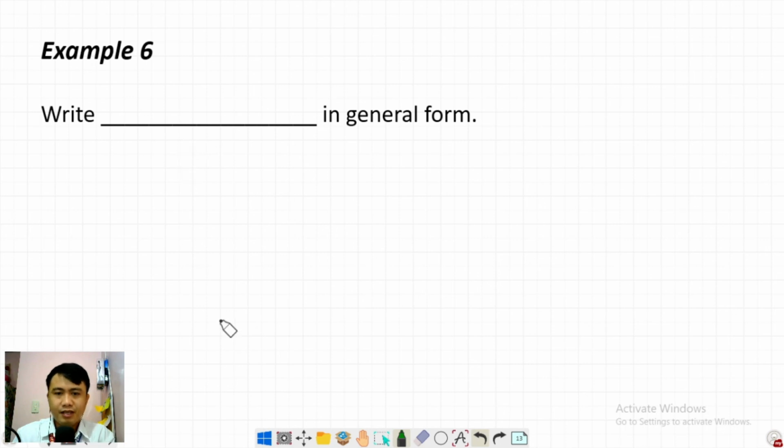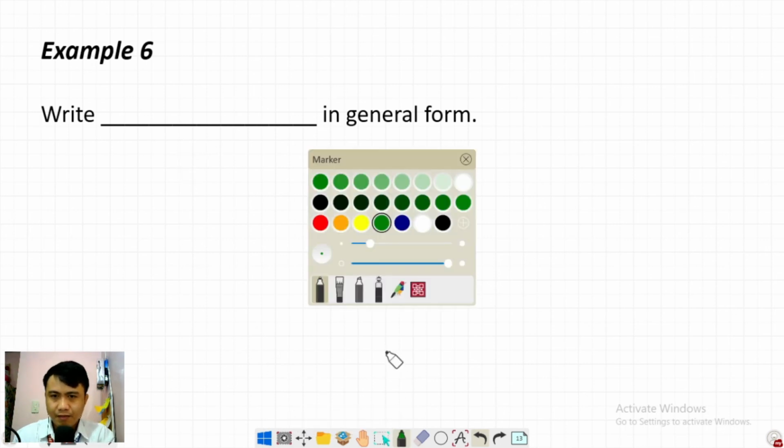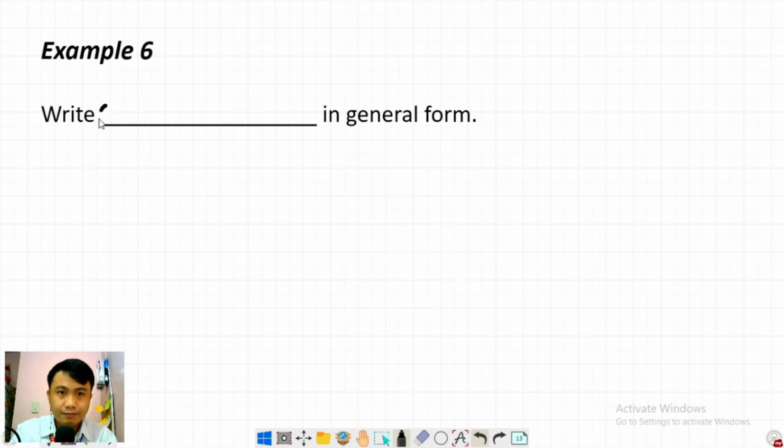Example number 6. I will just copy the problem. We're going to write this x minus 2 squared plus y plus 1 squared is equal to 9.